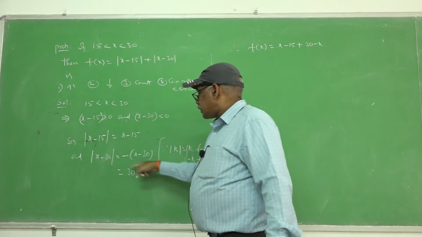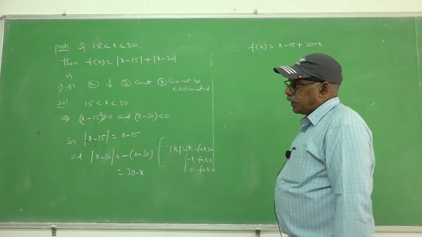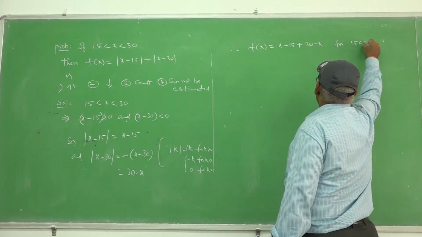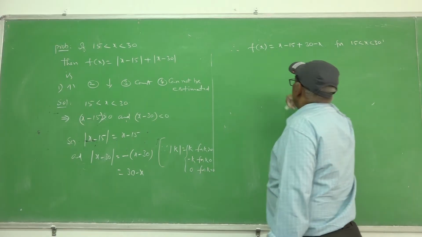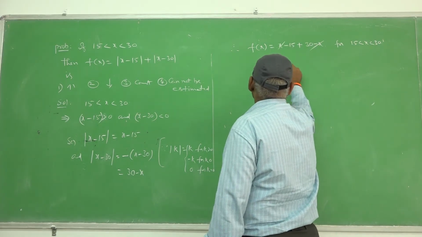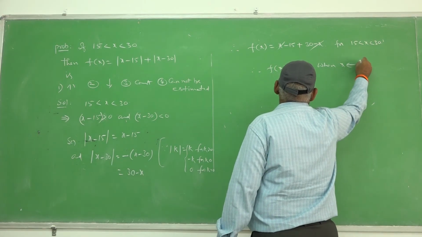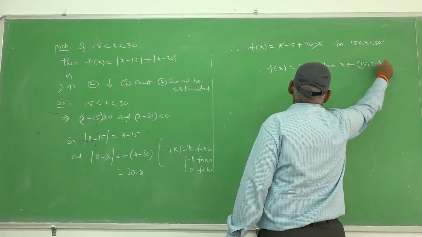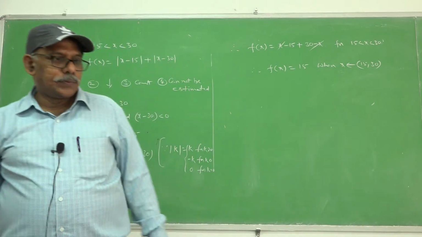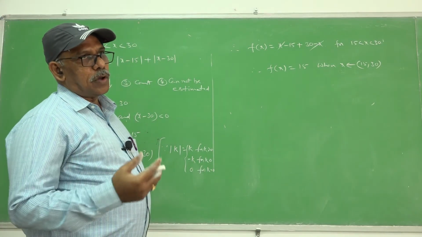Modulus of x minus 30 equals 30 minus x when x lies between 15 and 30. So here x cancels. Hence f(x) is constant, 15, when x belongs to 15 comma 30. x takes all the values that lie between 15 and 30. f(x) is always a constant function.